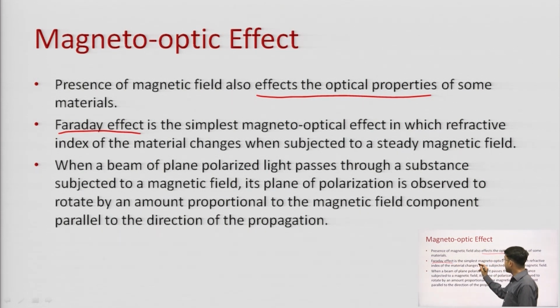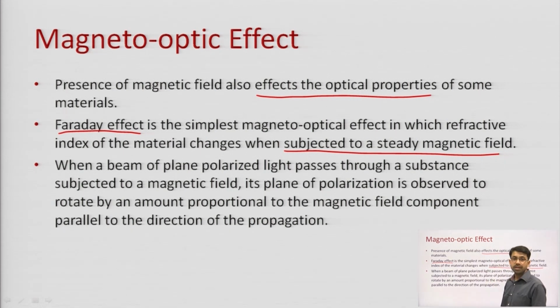It is the simplest magneto-optical effect in which the refractive index of a material changes when subjected to a steady magnetic field, like when it was changing when subjected to an electric field.